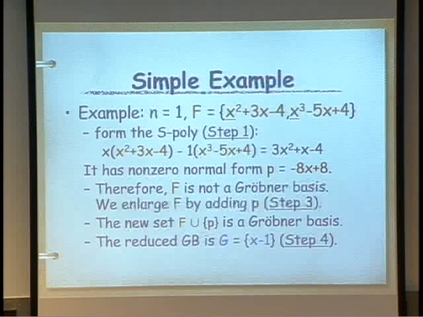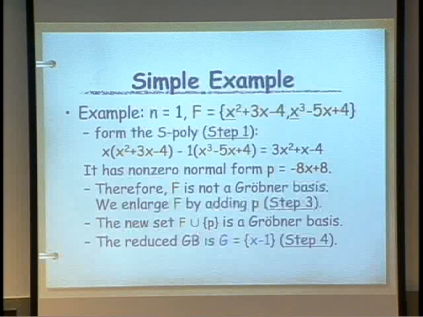We knock out the leading term in the stingiest possible way. So we take x times the quadratic polynomial minus 1 times the cubic polynomial, and we get 3x squared plus x minus 4. The x squared is still divisible by something underlined. We reduce once, and we get to minus 8x plus 8. That's not 0. We throw it in, we do it again, and then we're done.